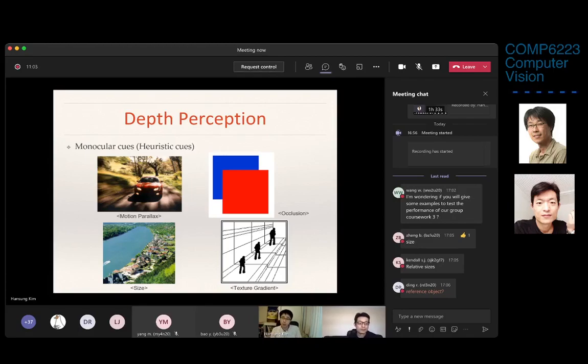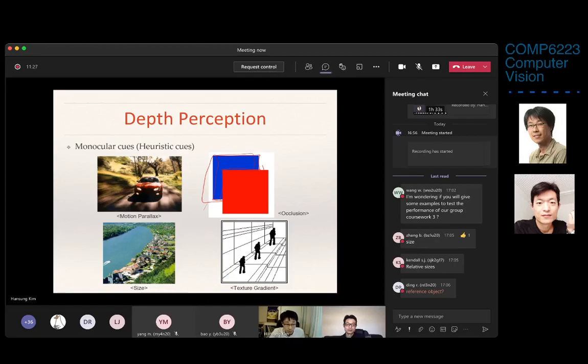And occlusion. Here you can clearly see that the red one is occluding the blue one. So you automatically complete this square here on the blue one, right? So that is occlusion. You never consider them to be at the same depth, but this blue one has this kind of shape. You never think like that, right? That is occlusion.